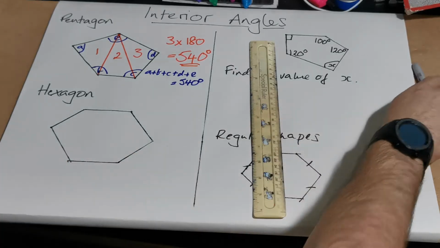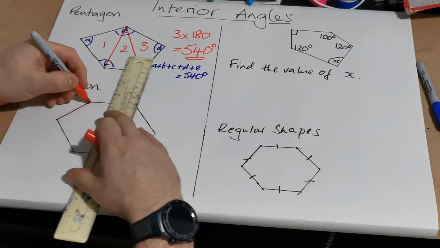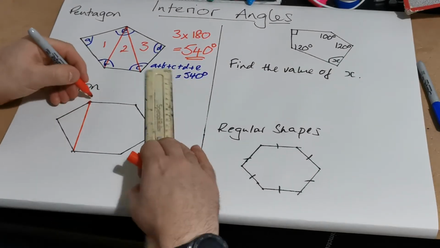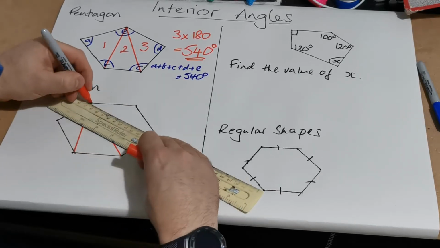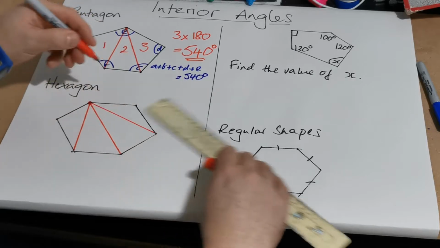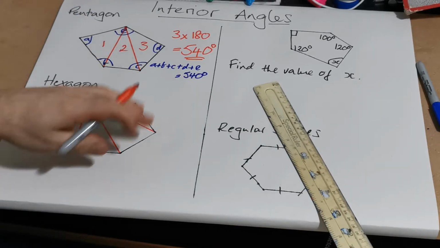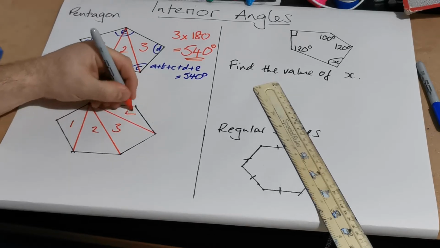And looking at a second example, if I start from here, I can join to there. Can't join to there because I would have to go along a side. I could join to here, and I can join to here. So picking that first spot and seeing which other corners I can join to diagonally across the shape, 1, 2, 3, 4.